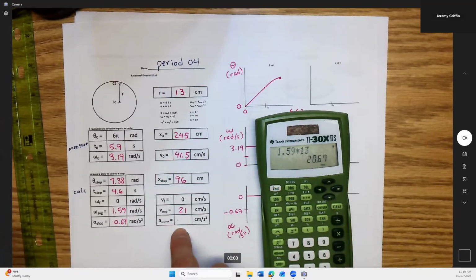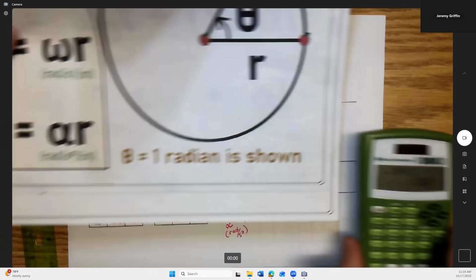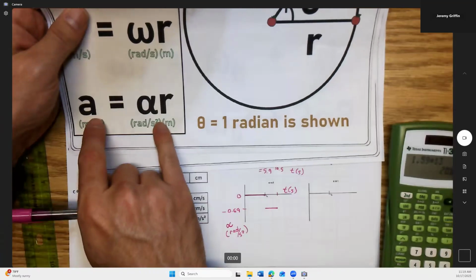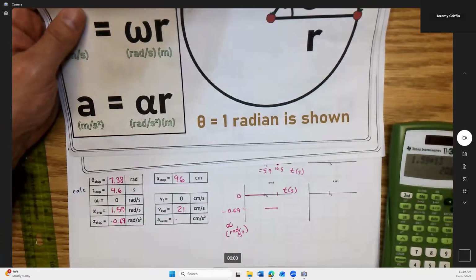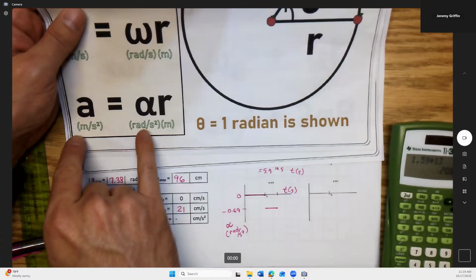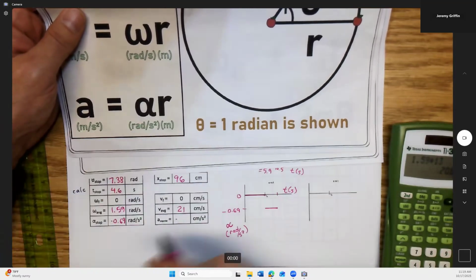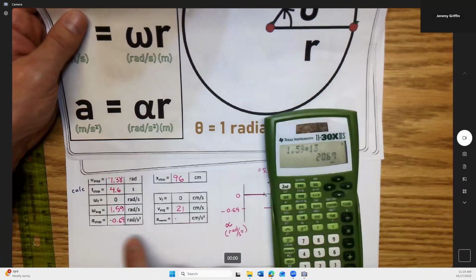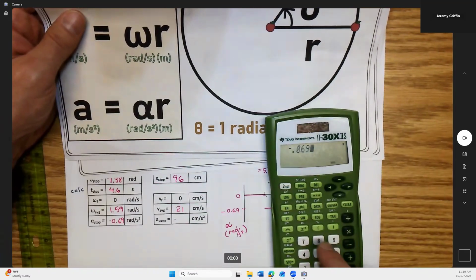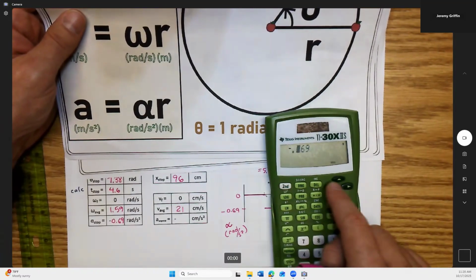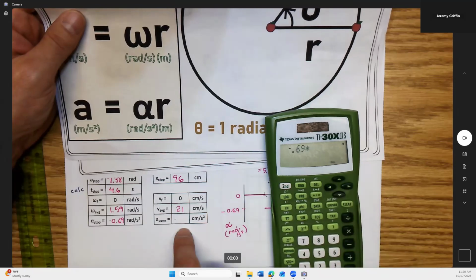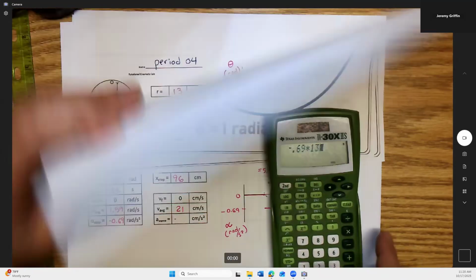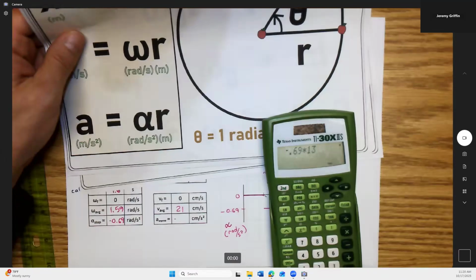And then how about angular acceleration? If I wanted the linear acceleration, sort of like the rate the car would be braking into a stop, I could do it that way. All I have to do is take the angular acceleration and multiply by radius. So here's my angular acceleration, negative 0.69. I'm going to multiply that by the radial distance of 13 centimeters.